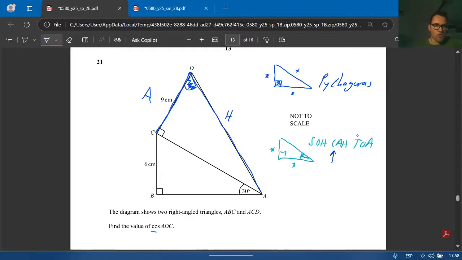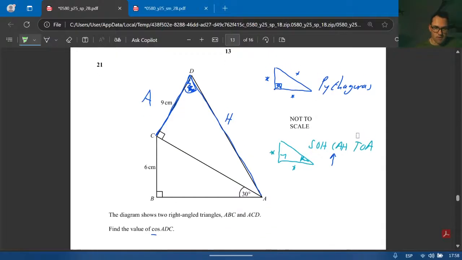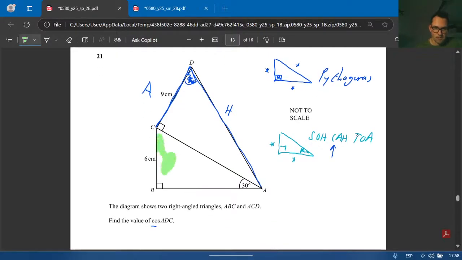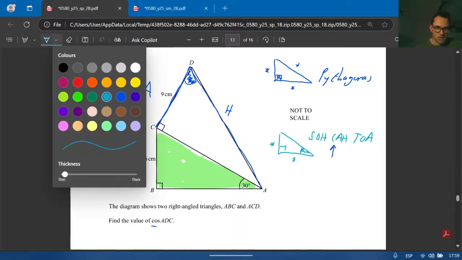So we're going to go first to the triangle down here. That's not what I want you to do. That's what I want you to do. Okay, the triangle down here, which we have an angle and a side. Okay, got this angle here, 30 degrees. Okay, we can use SOHCAHTOA. And let's label this triangle. I'm going to do this one with a different color.